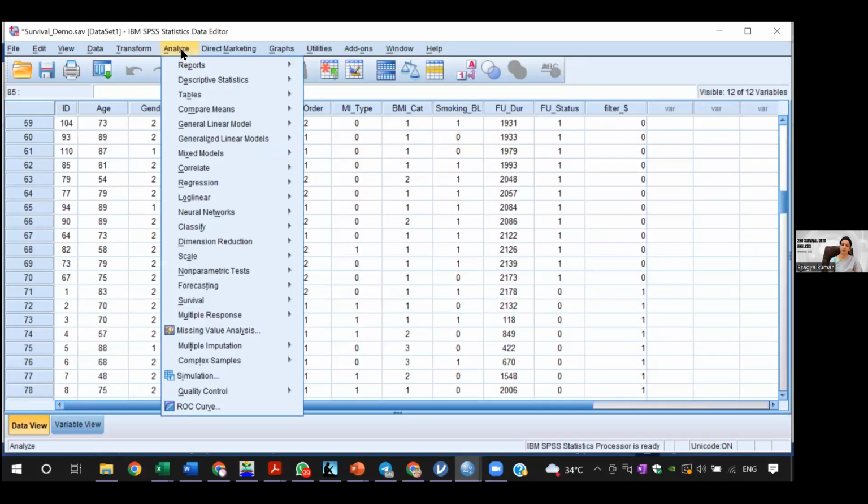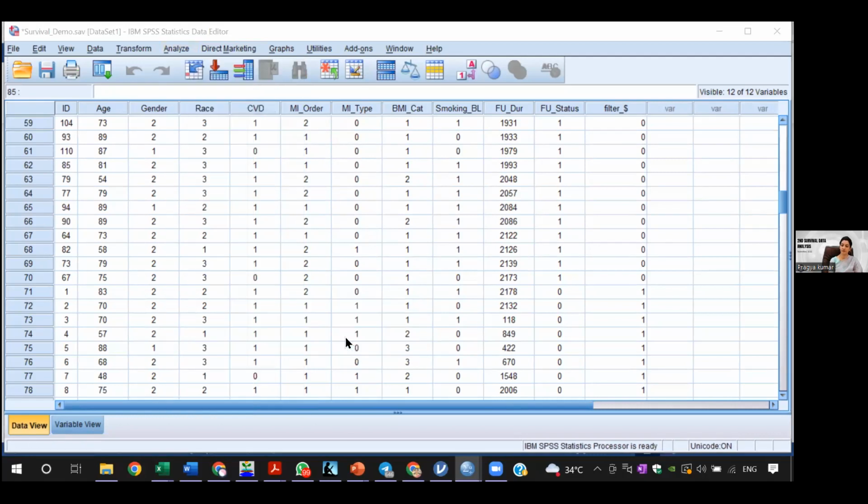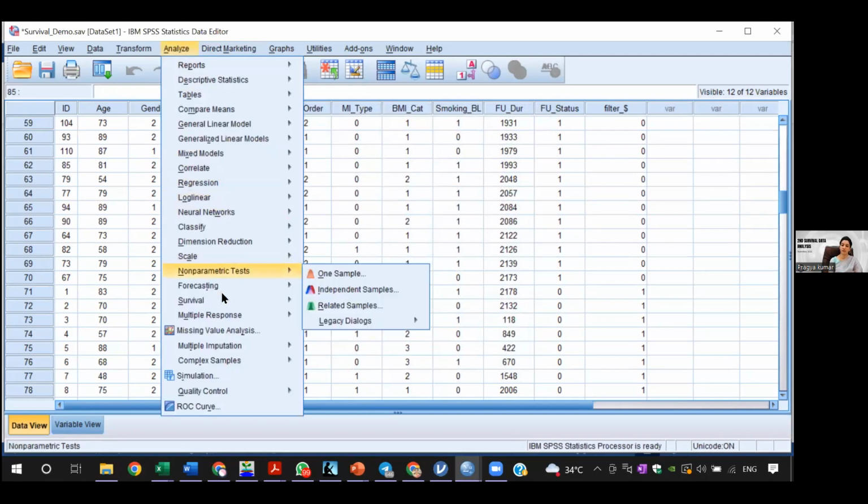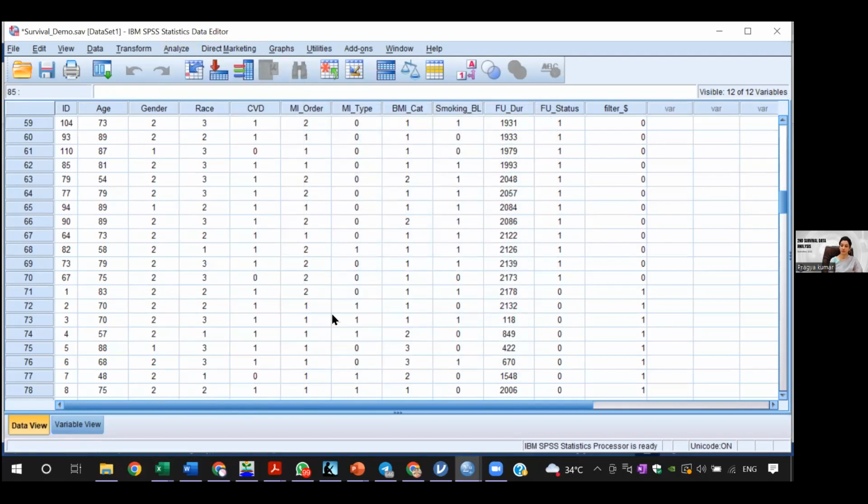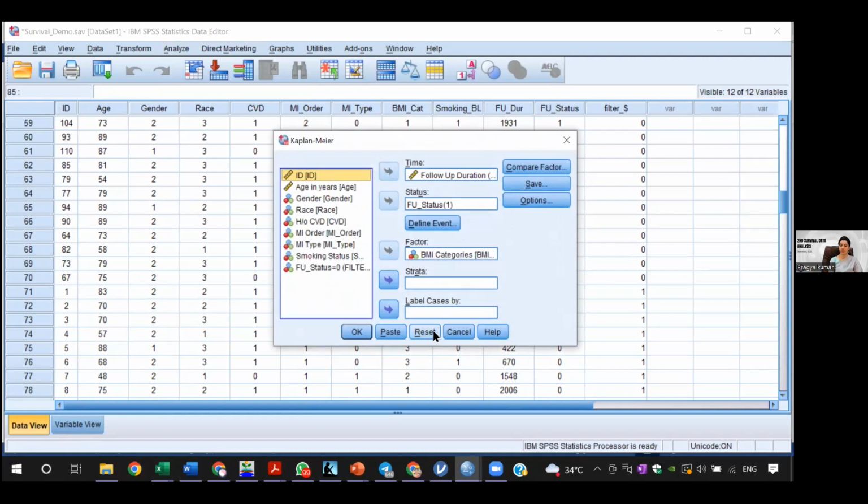So now go to Analyze and go to Survival. Sorry, I don't have to tell you the Cox today. We are discussing the Kaplan-Meier, so we'll go to this Kaplan-Meier. I have reset this, like we have seen this in the last class also.